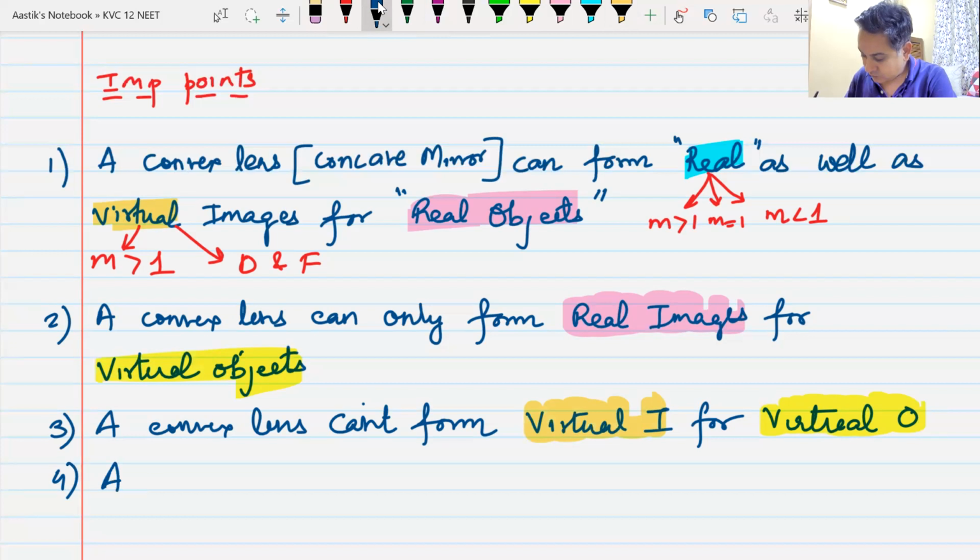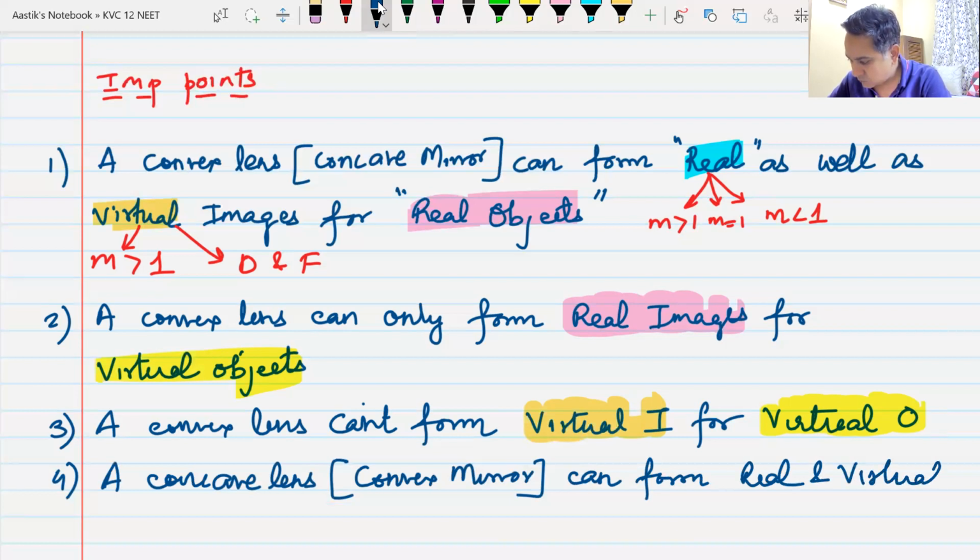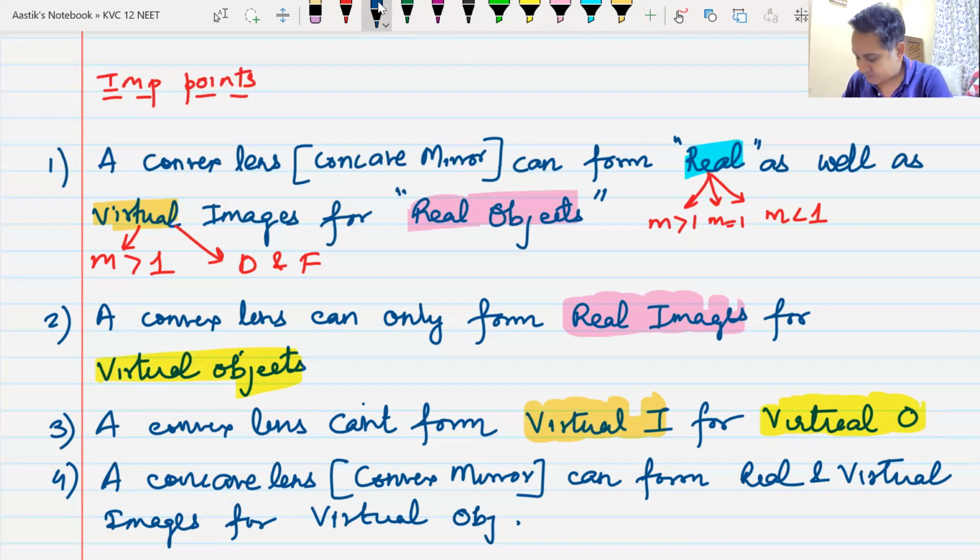Yes, sir. A concave lens. Now, whatever I'm writing for concave lens is also valid for convex mirror. A concave lens can form real and virtual images for virtual objects.